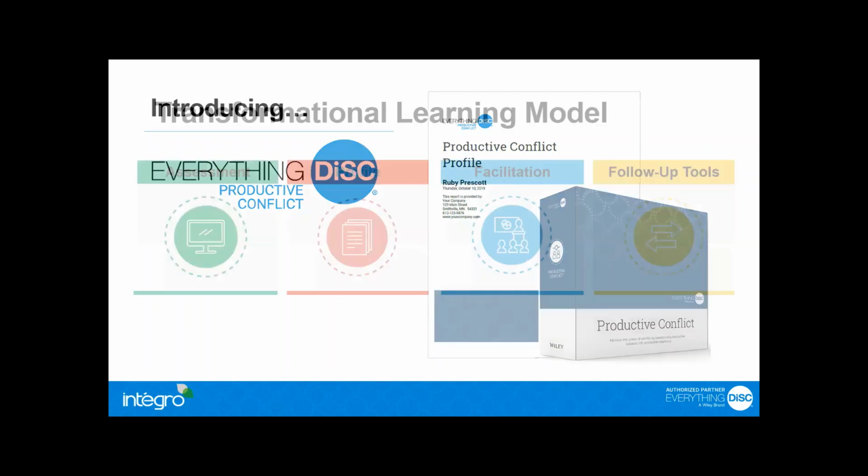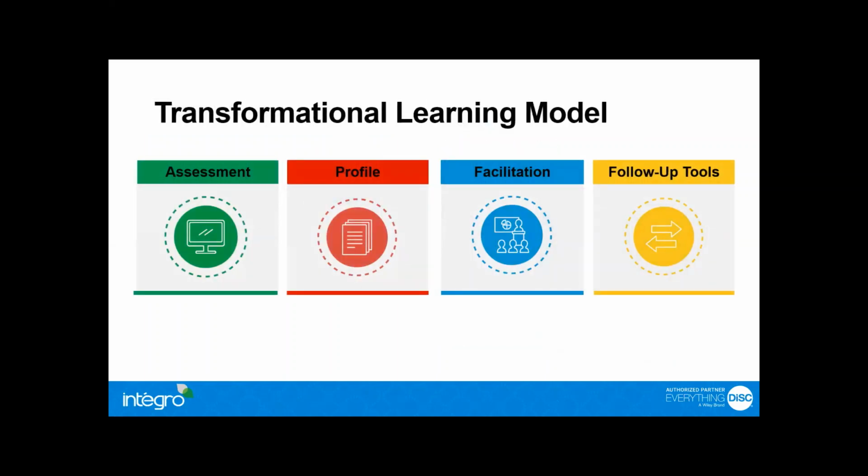Okay, so the actual learning process for using this profile is, first of all, the assessment. Individuals take the assessment for the Productive Conflict Profile. They then get their profile, and hopefully that would be as part of a facilitation. The facilitator kit has an approximately 4-hour workshop with PowerPoint and handouts, although the main handout is actually the profile, because the profile is also a workbook.